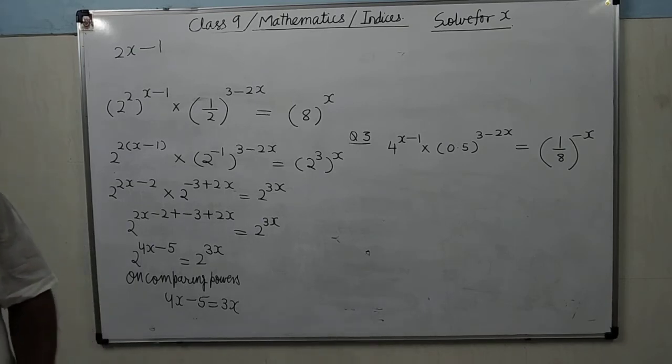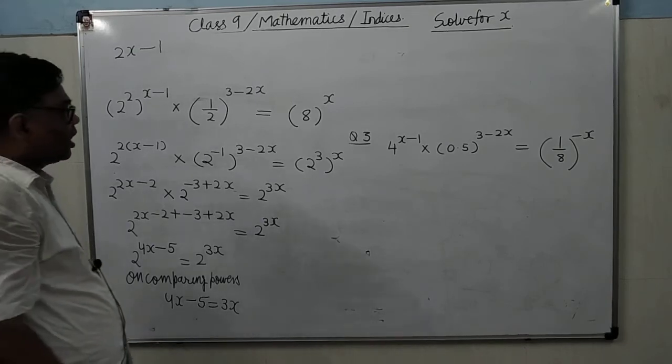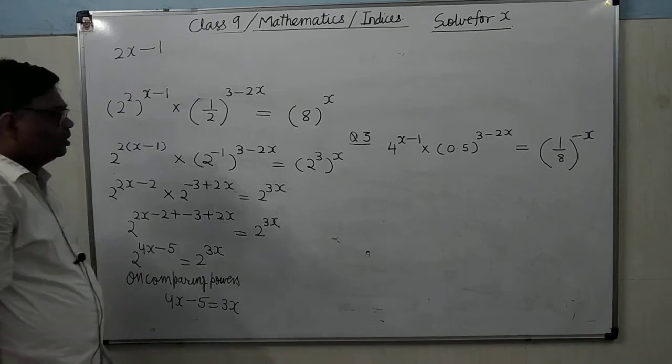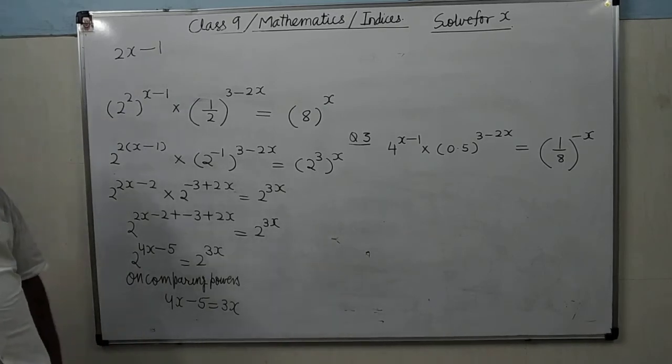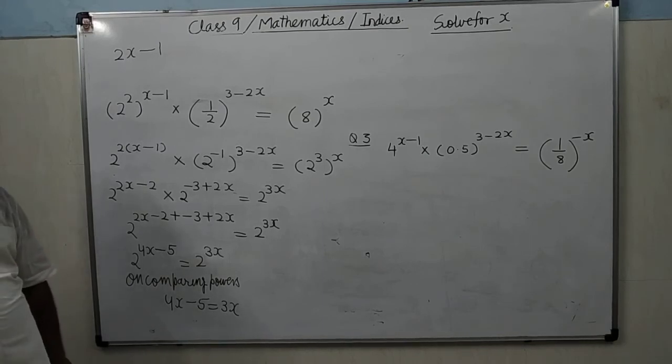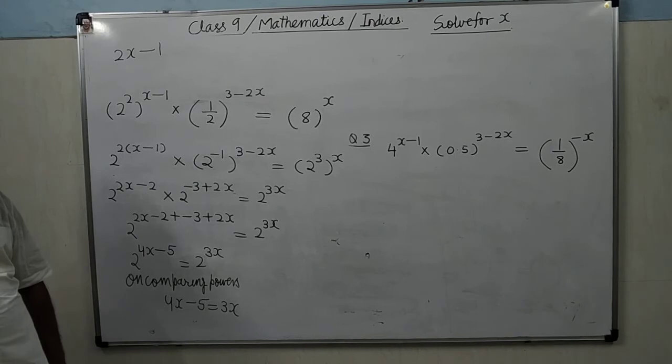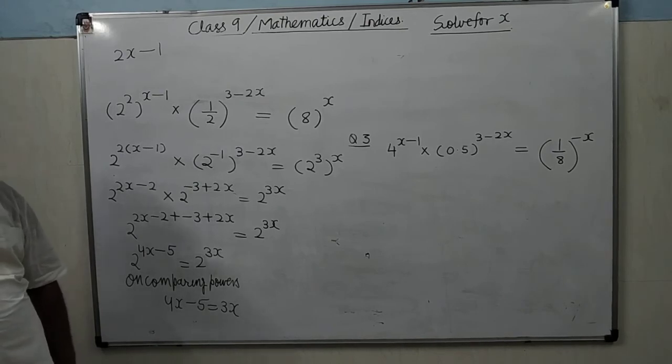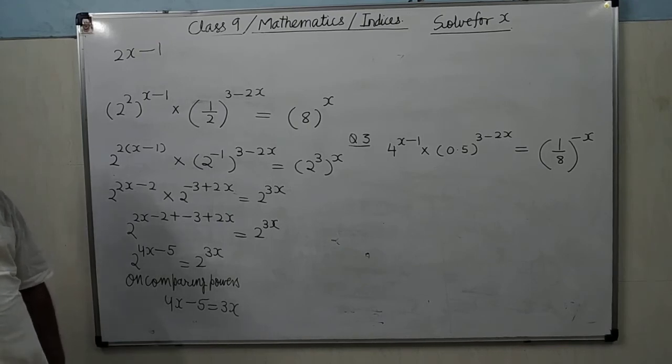Now there is one more question in which there are two variables. As you know that linear equation in one variable will be only one, either it will be x or it will be y, and for solving such equations only one equation is needed. But if there are two variables, then two equations will be required.